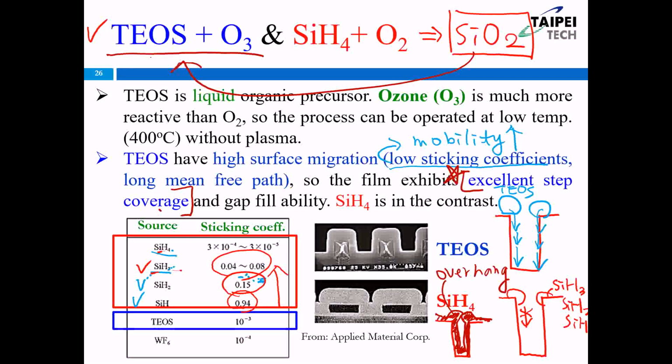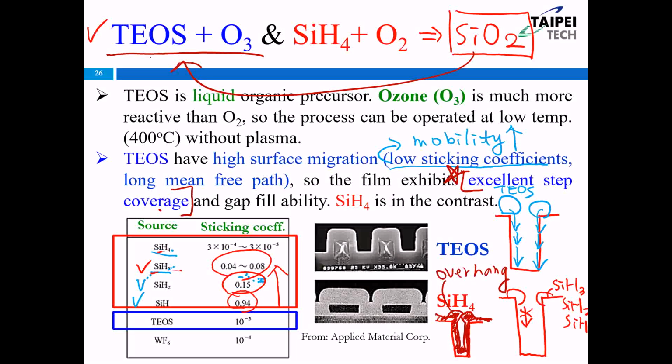The main reason we choose TEOS and ozone to deposit the silicon dioxide is because we can have excellent, conformal step coverage. So that's the reason we don't use the silane and O2. Okay, so far so good.